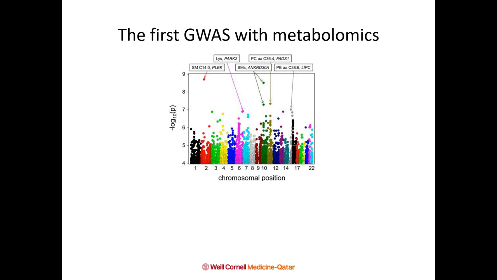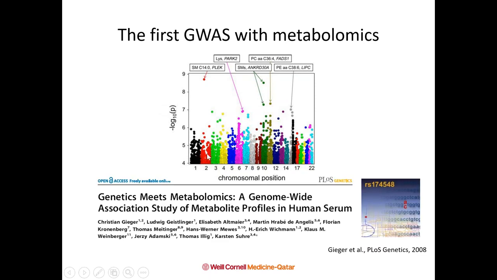With the era of genome-wide association studies, GWAS, came the idea: can we not only connect GWAS with diabetes, cardiovascular and other endpoints, but also with intermediate phenotypes? I'm proud to say that our group in Munich was the first to perform a GWAS with metabolomics, which was a pretty low-powered study at that point.